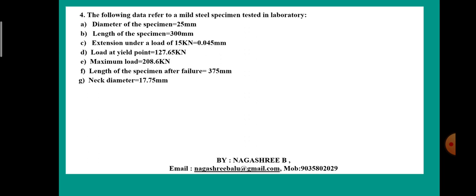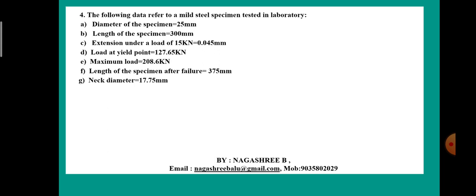As soon as the load of 15 kilonewton is applied, there was some extension, found to be 0.045 mm. Here they have given extension, which is nothing but the stretching of the material. Whenever a dimension increases, you can assume that the load is applied along that dimension.